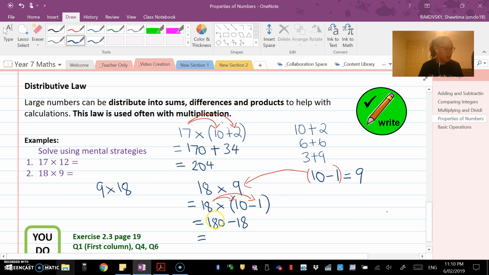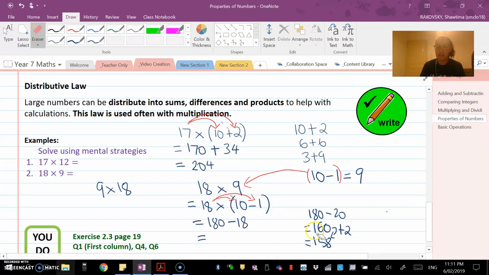Minus 18, so we could round this up to 20. So you would go 180 minus 20 gives us 160, and then subtract 2 from that. Oh, sorry, add 2 to that. Because you already subtracted too much, you need to add 2.